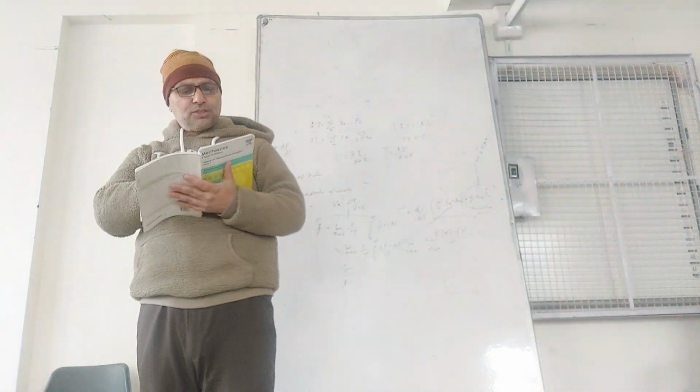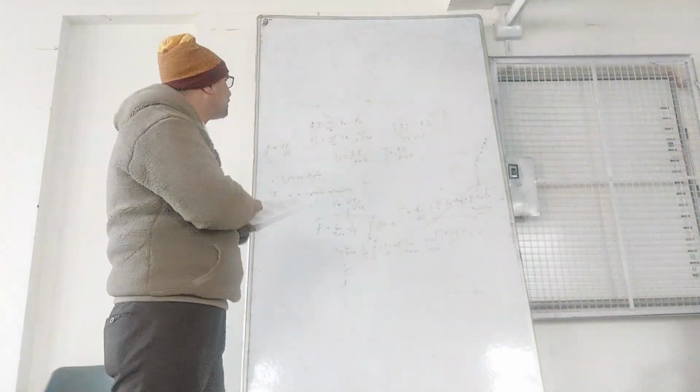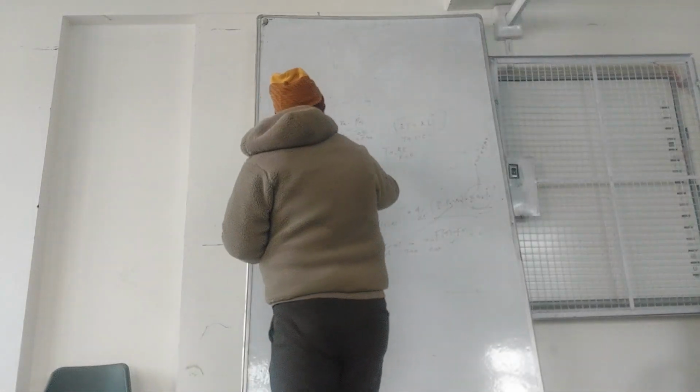For example, in particular for small oscillation, if you take k is equal to 2, how do we get the values of U and T?